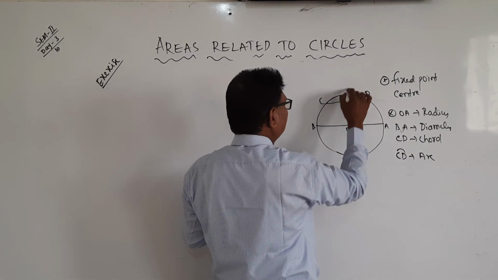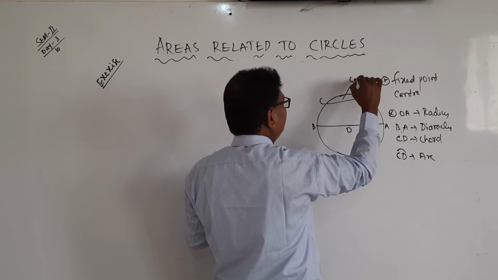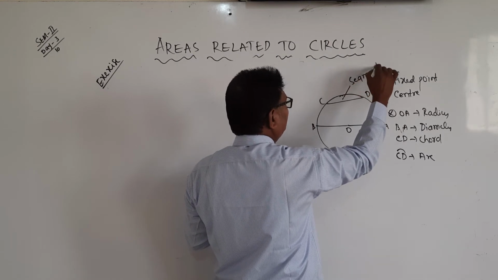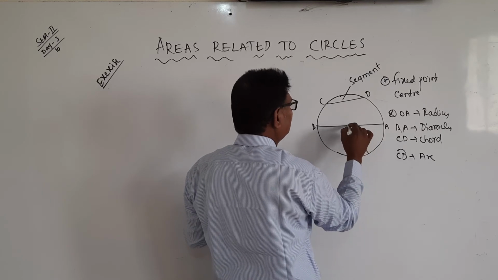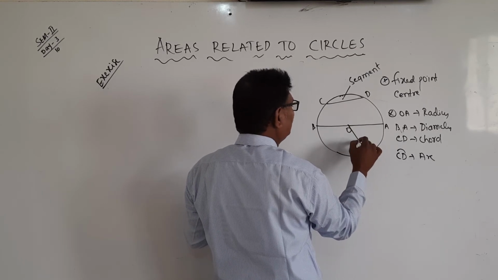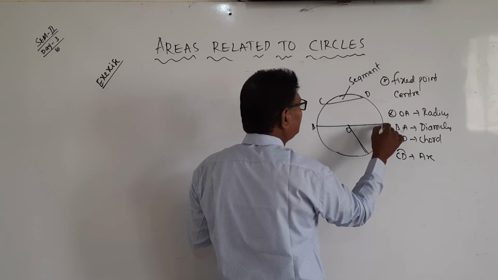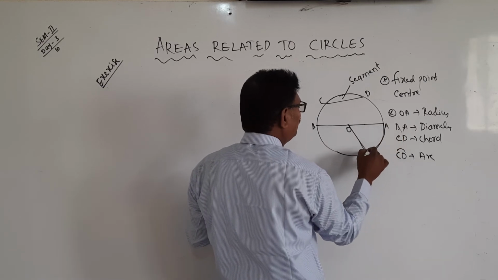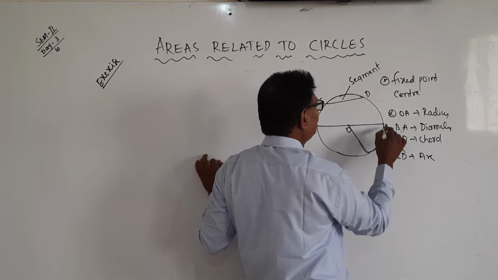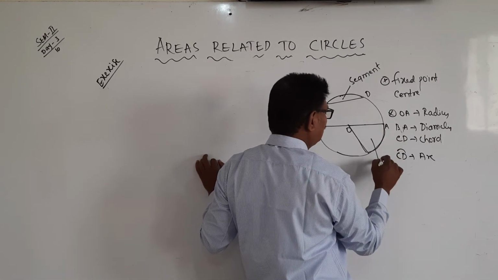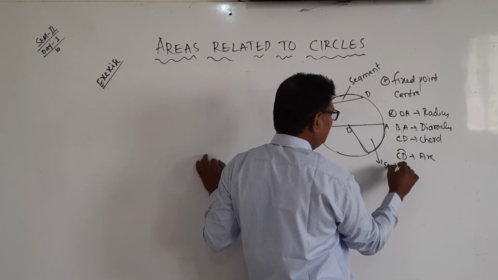And what is this? This is known as a segment. And if I am doing like this, these are the first radius and second radius. Two radii including the arc is known as a sector.